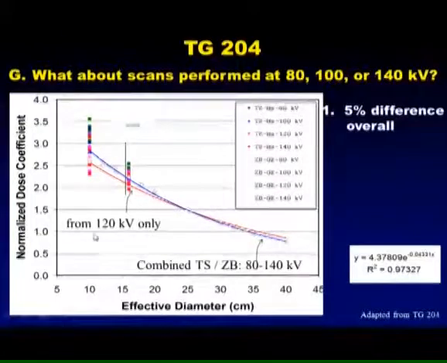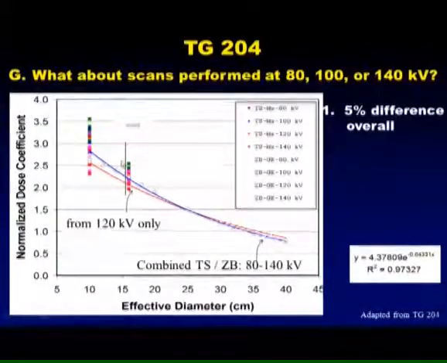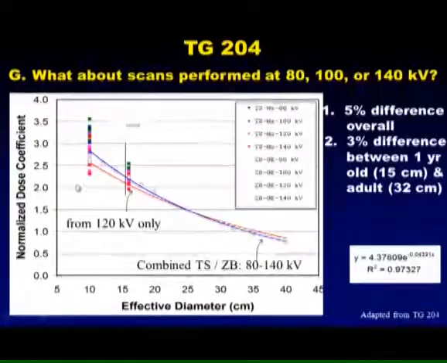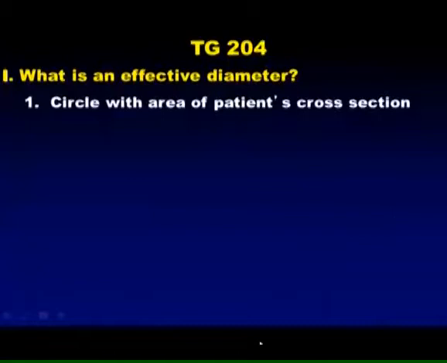And you see here that at this point we have about a 5% error. Once we get to 15 centimeters, which corresponds to a 1-year-old, we have about a 3% difference, and greater than that, the percent difference is even smaller. So basically we can say that the conversion factors generated by TG204 are good for any kV.